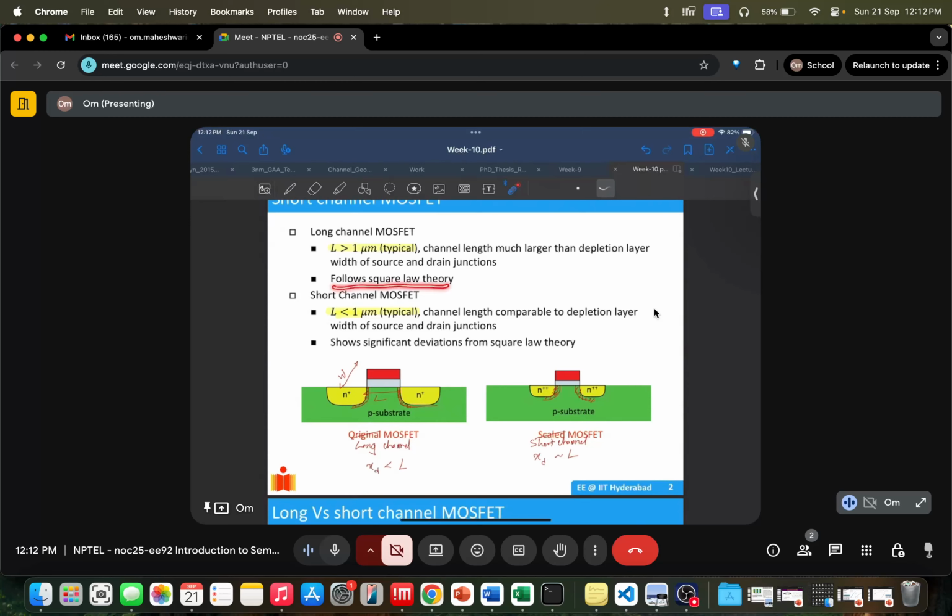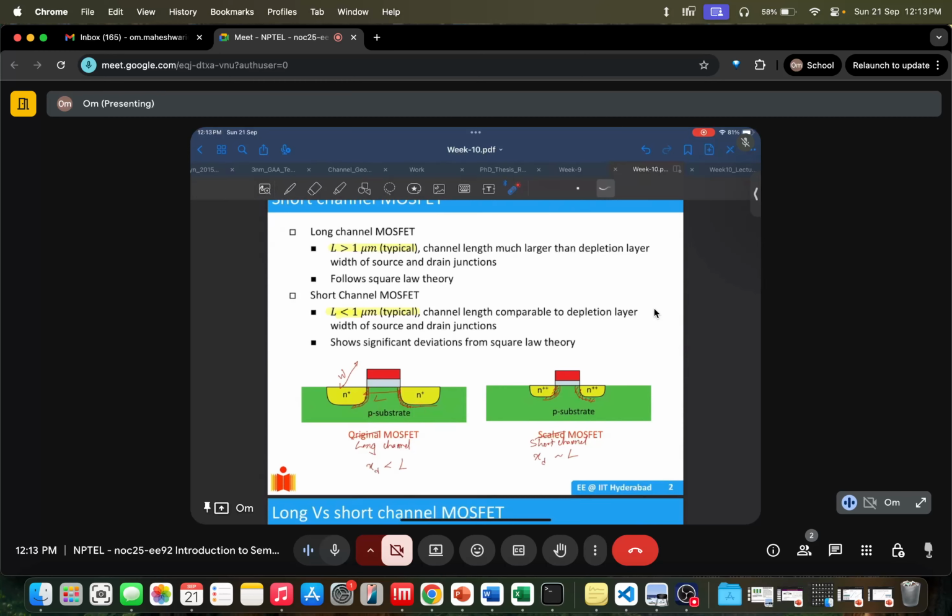These transistors follow square law theory, and their channel length L is much larger than the depletion layer width of the source and drain junctions, so we can directly ignore the contribution of these in the channel length.